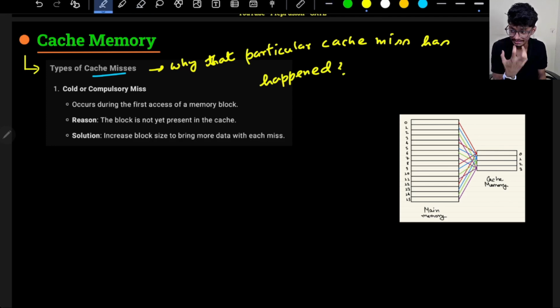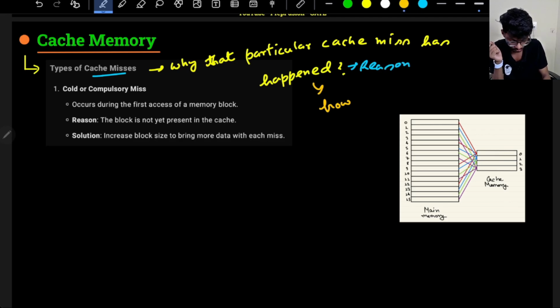If you understand why it has happened, then only you will be able to know how to solve it. If you know the reason why that particular cache miss has happened, basically you understand the reason, then you will understand how to solve it.